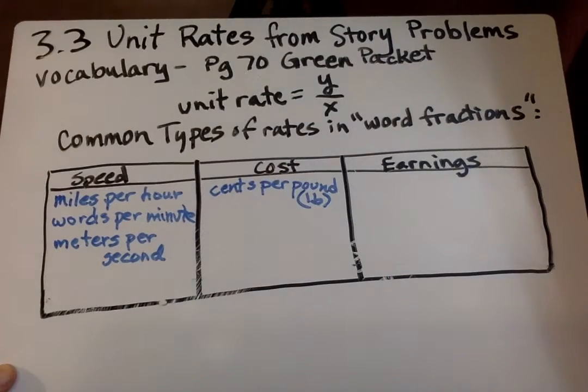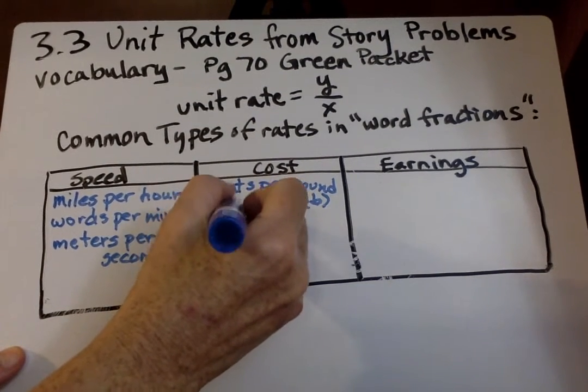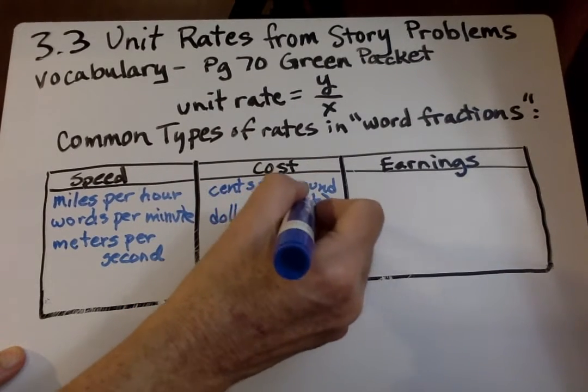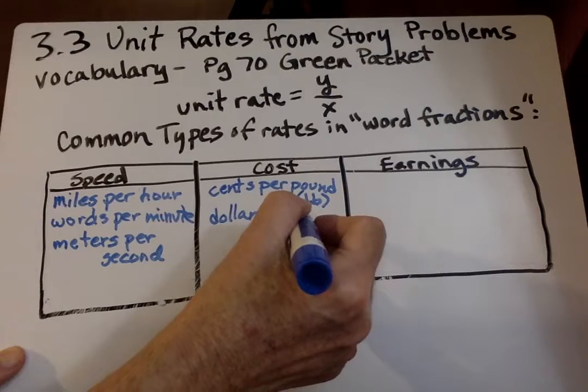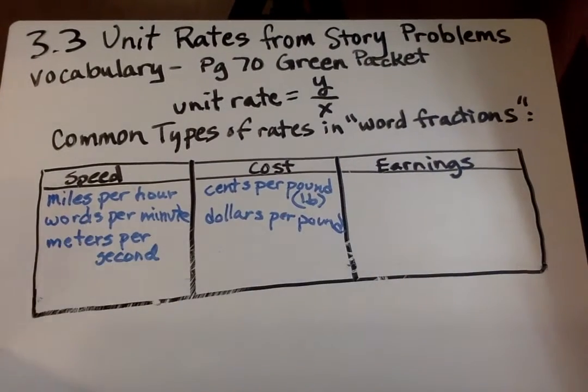I believe LB comes from the Latin word for pound. So anyway, the other thing you could pay is maybe dollars per pound. That's like if you're buying shrimp or something and it costs like $7 a pound.